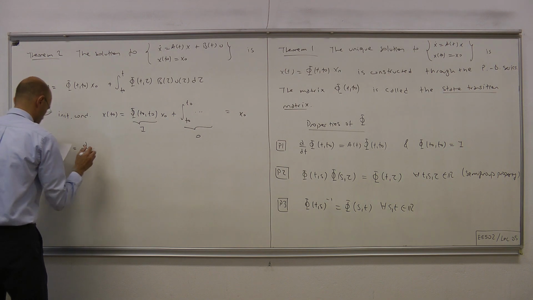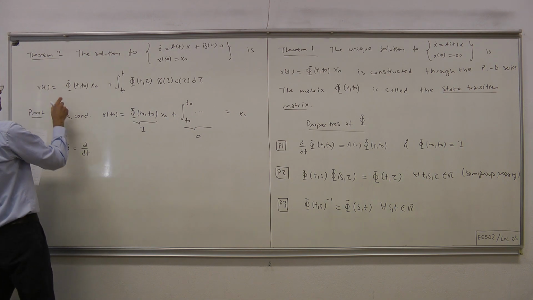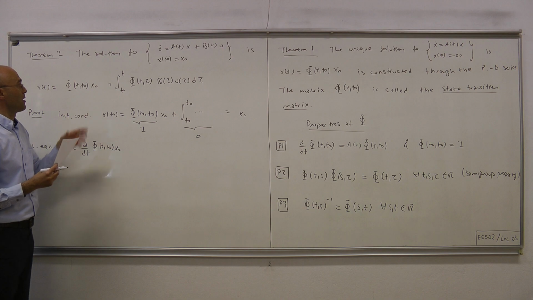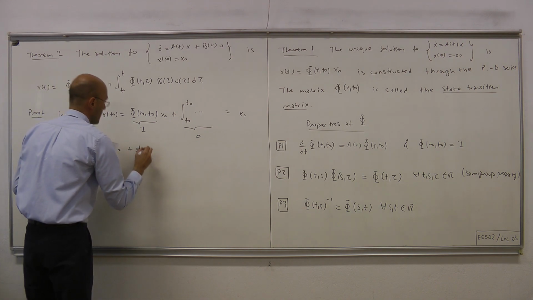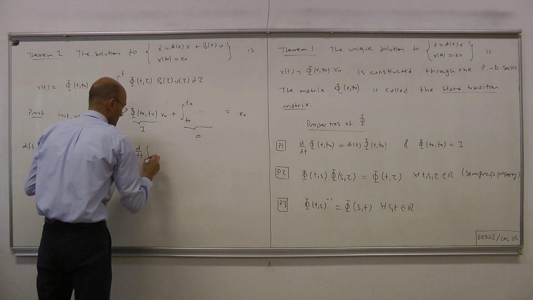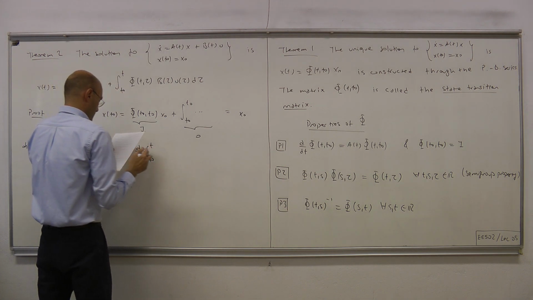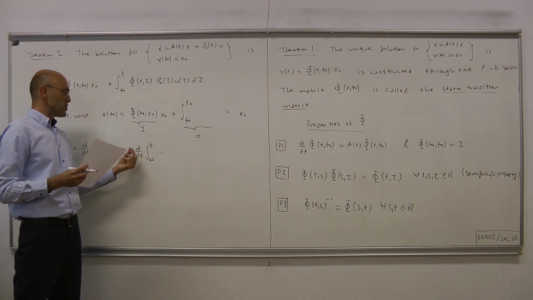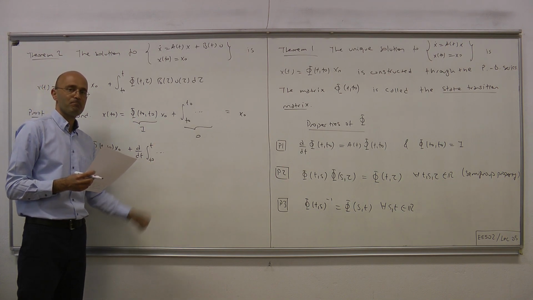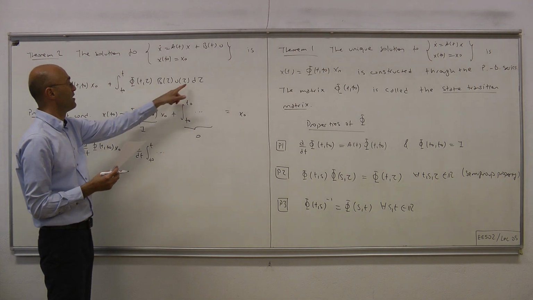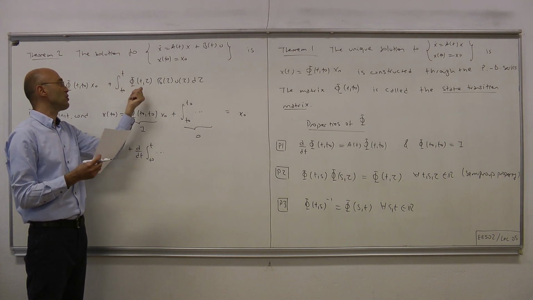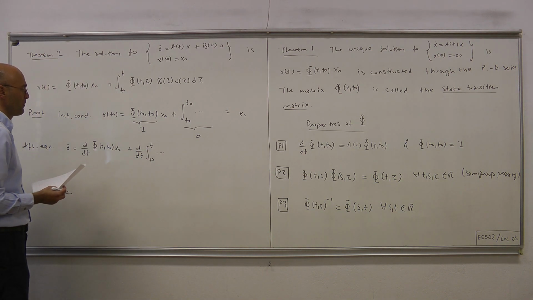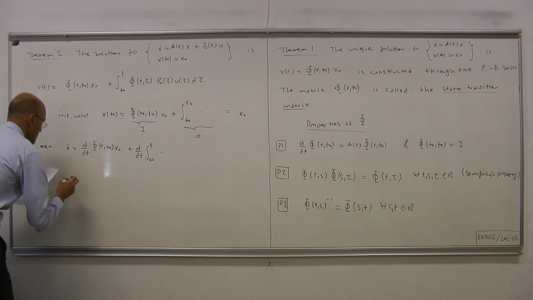What we have is d over dt of our x(t), phi(t,t0) x0 plus the derivative of this integral from t0 to t. Note that we cannot simply take the integrand and plug in t wherever we see tau, because the integrand itself depends on t. So it will be composed of two terms.